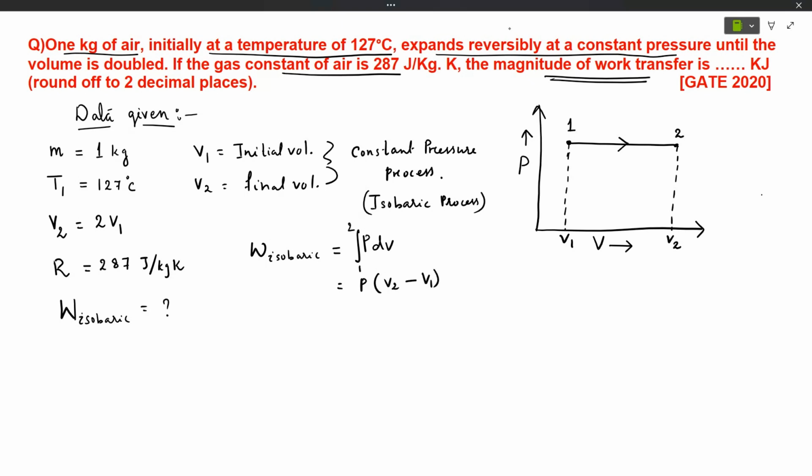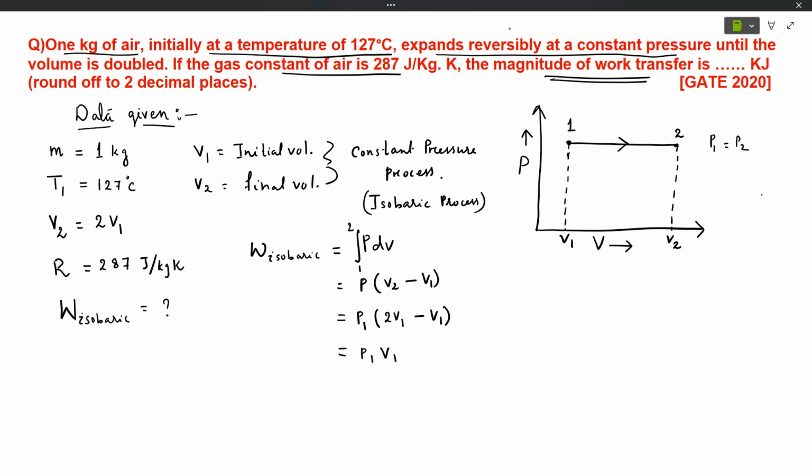We know that as the process is a constant pressure process, P1 is equal to P2. So in place of P, let's consider P1. Nothing changes in the magnitude of pressure. And V2 is 2V1, minus V1. So we get P1 times, and 2V1 minus V1 is V1.